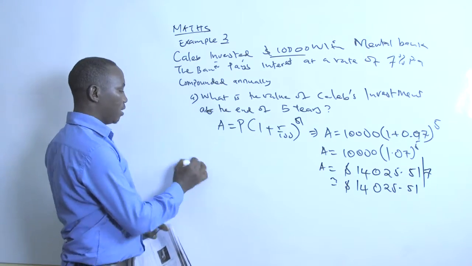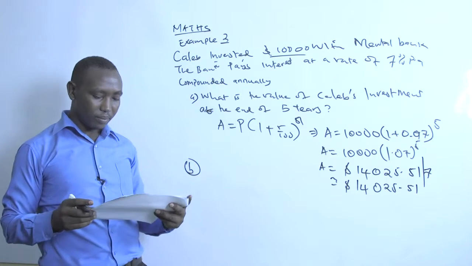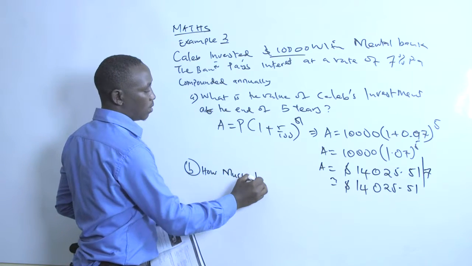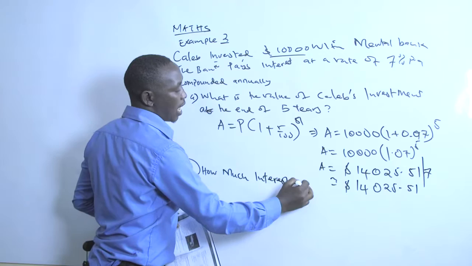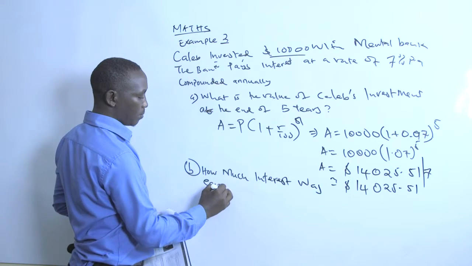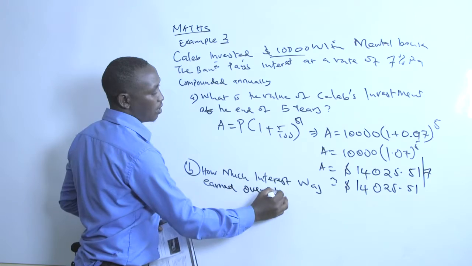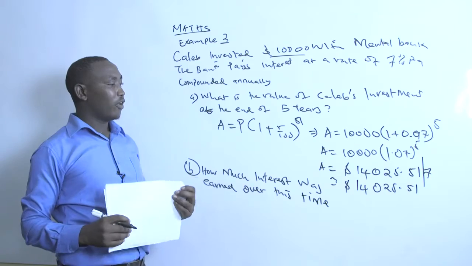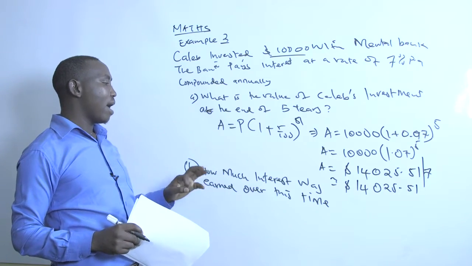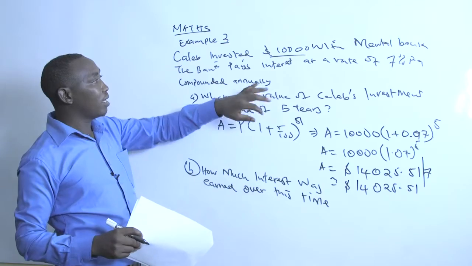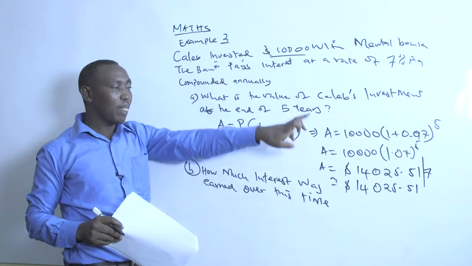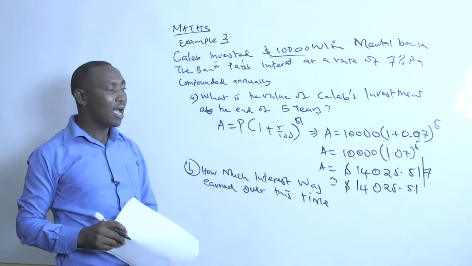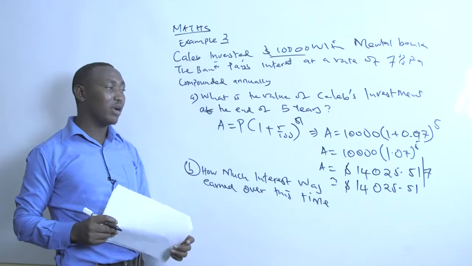Part B of the question: how much interest was earned over this time? So for us to be able to calculate the interest that was earned, you see invested $10,000. At the end of the 5 years, he has $14,025.51.